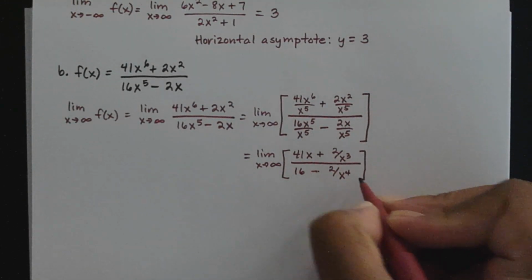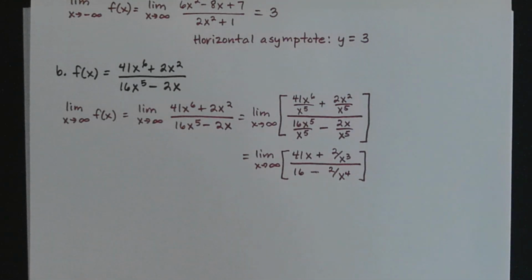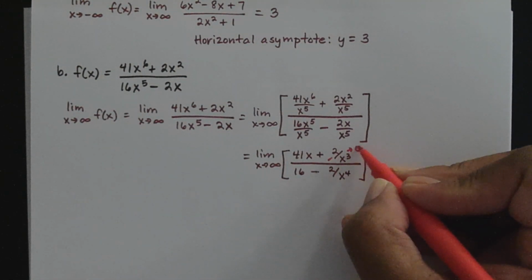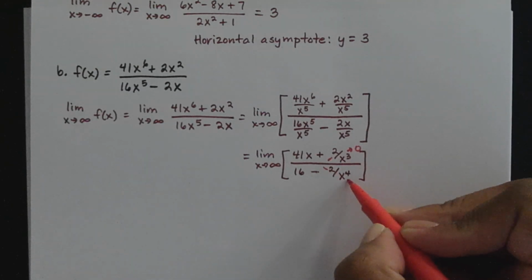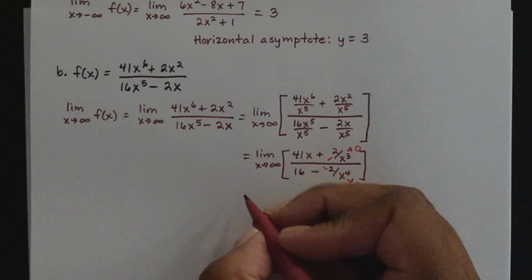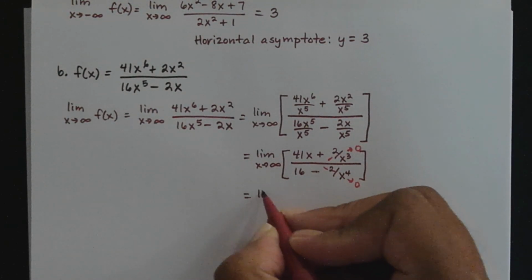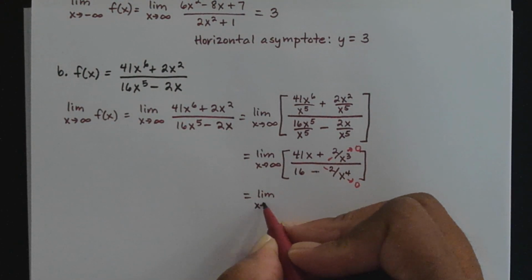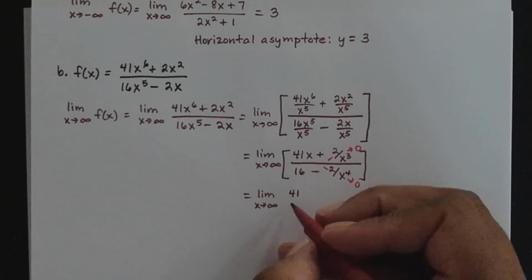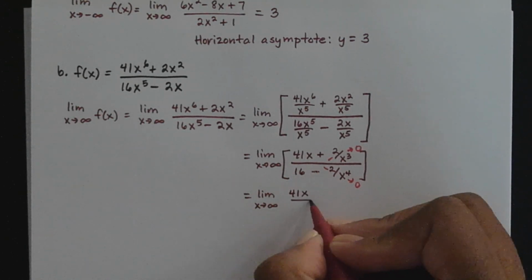Well, we can see here if we let x approach infinity, the 2 over x cubed goes to 0, and 2 over x to the 4th also goes to 0. So I'm left with the limit as x approaches infinity of 41x over 16.